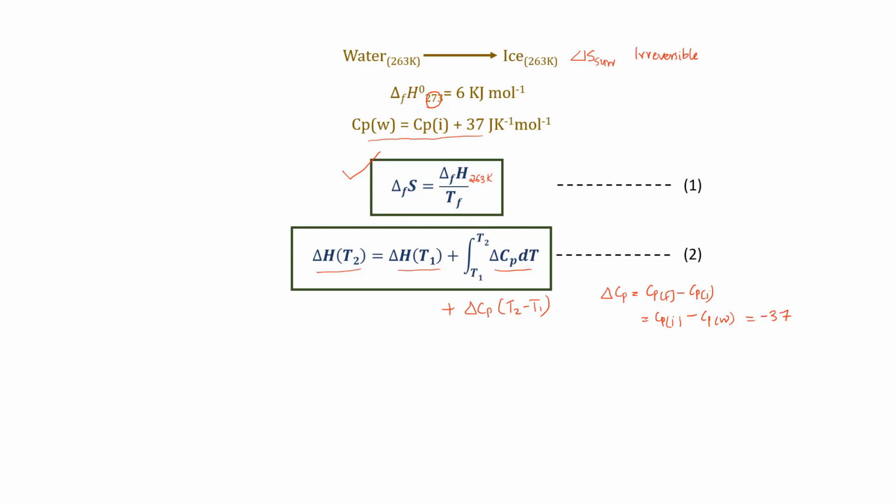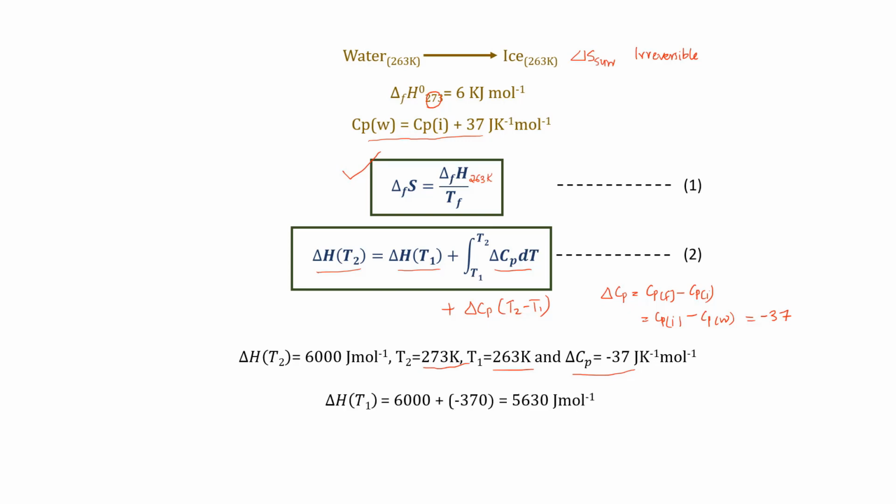So the data given in the question are delta H T2 is 6000 joule mole inverse, T2 is 273 Kelvin, T1 is 263 Kelvin, and delta Cp is minus 37 joule Kelvin inverse mole inverse. When we put these terms in equation 2, we get delta H T1 as 5630 joule mole inverse.